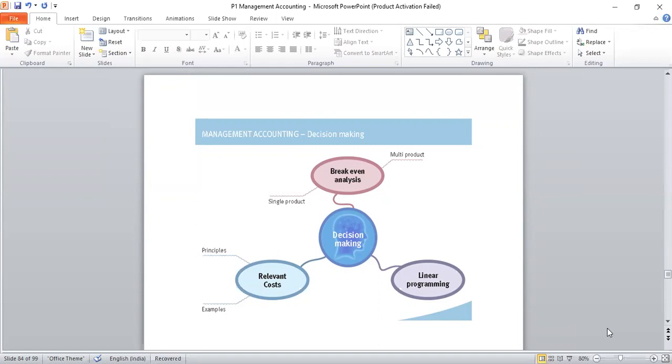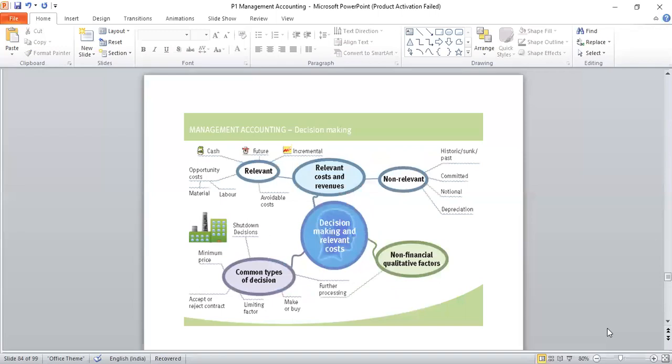But they have ensured that the questions covered in the Kaplan material are not very complicated. So even if we have no mathematical background and have never learned linear programming, we can still pick it up. So first, let's talk about what is relevant cost.